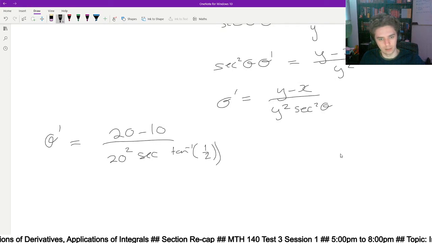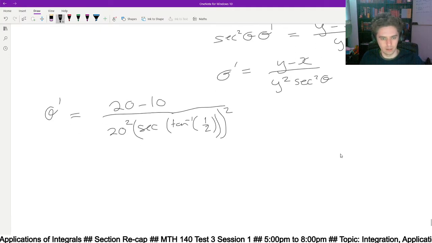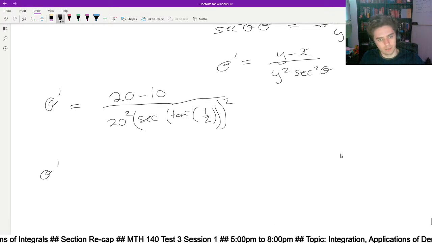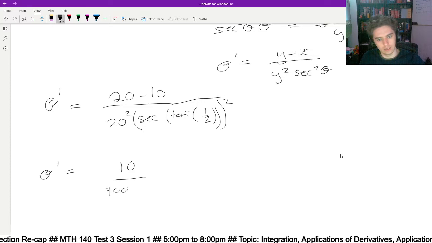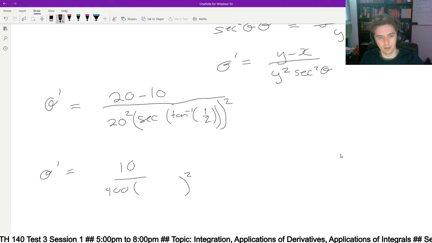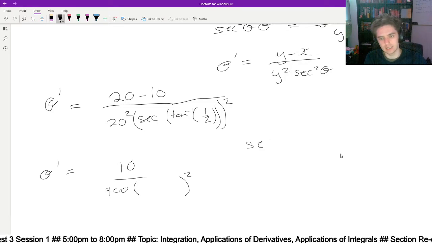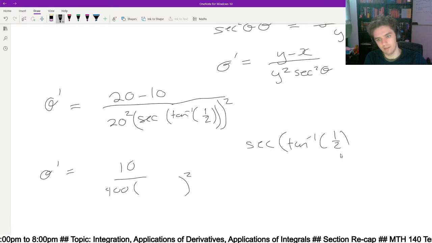Okay, and just to be clear, let's put the squared out there. Okay, so theta prime equals 10 over 400 times that thing, which I'll just leave blank for now. So that thing in there, we're saying secant of tan inverse of a half.